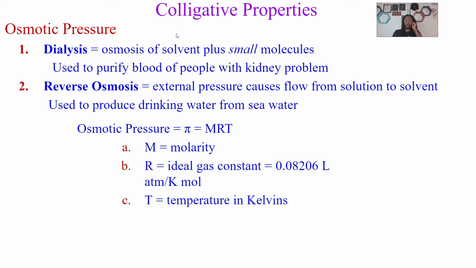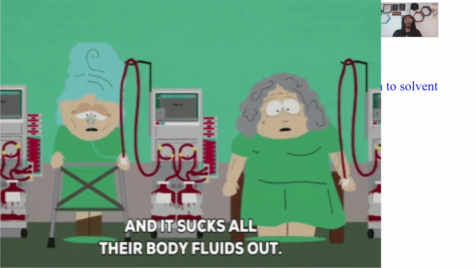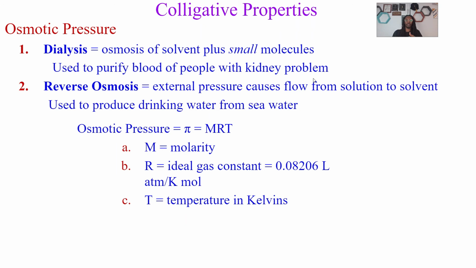Now, we can see a couple examples of this in everyday life. Dialysis is actually a form of osmosis of the solvent plus small molecules. When we think about dialysis, that's used to purify the blood of people with kidney problems. Another form of osmosis is you can actually reverse it.